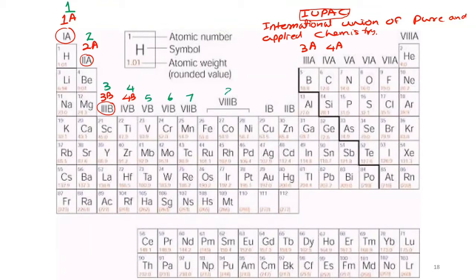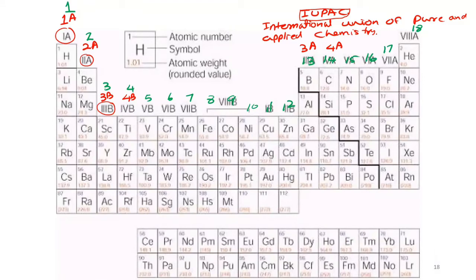This is 8. 11, 12. Here it is, instead of 3, this is 13, 14, 15, 16, 17, and 18.